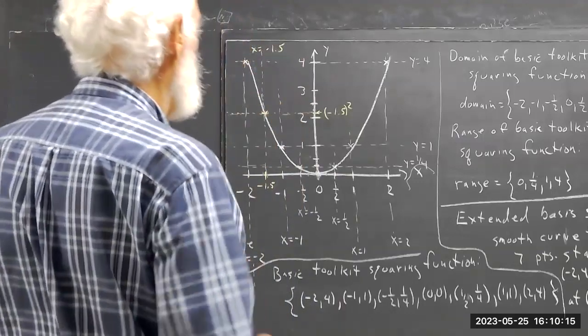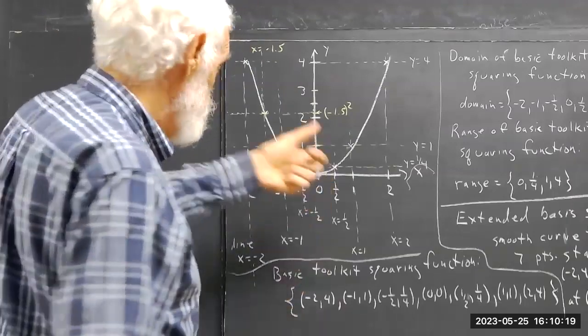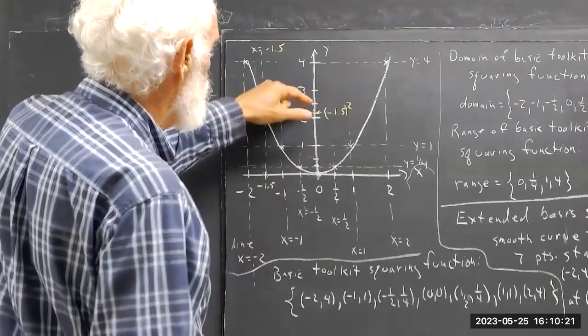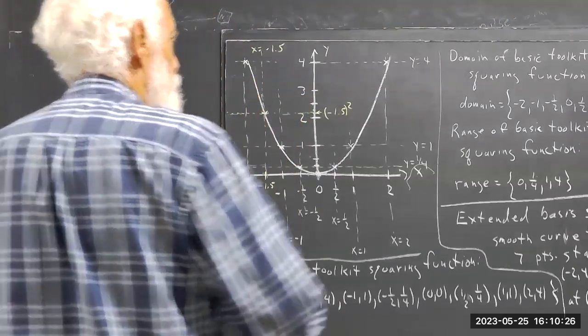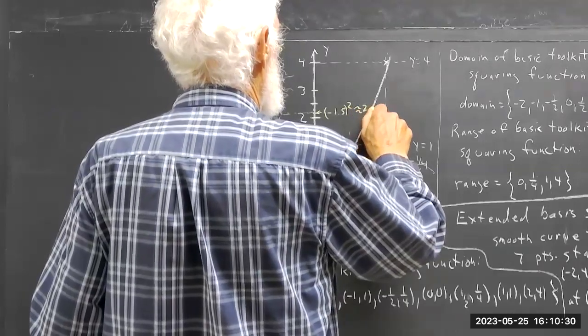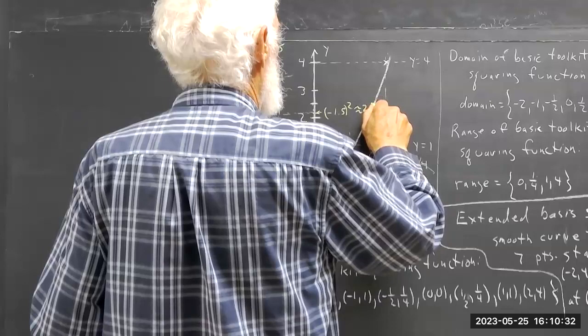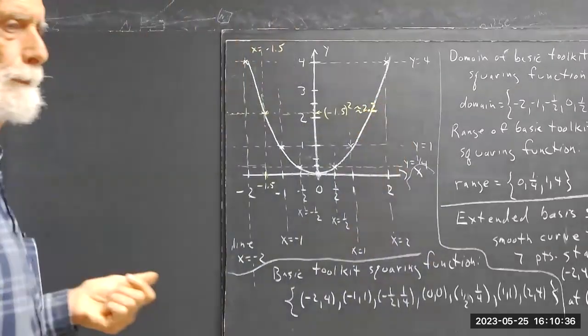Well, if I estimate this, I get something probably around 2.2. It's a little less than 2.25. So I'm going to say it's about 2.2. I'll say that's approximately equal to 2.2 according to my graph.